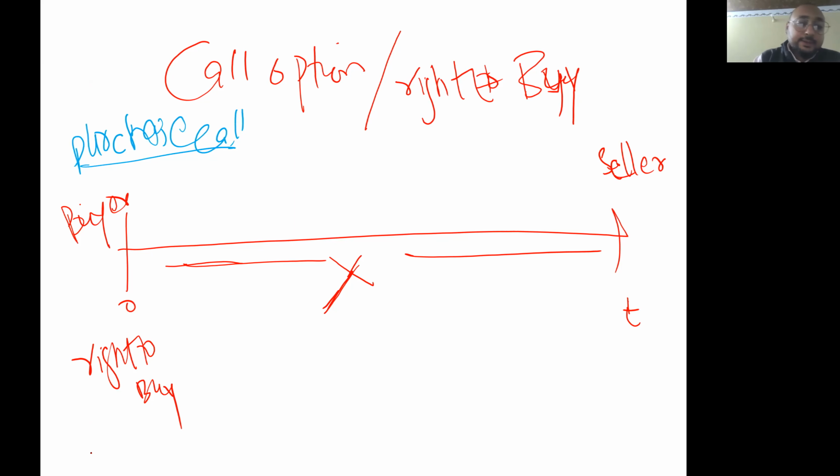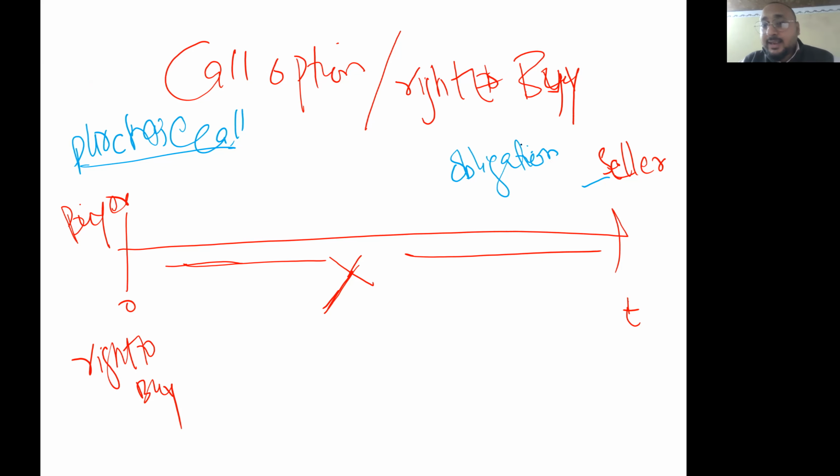The seller has the obligation. So if the buyer says, I want to exercise my right, and the seller refuses, then the seller will be liable. He would be sued.